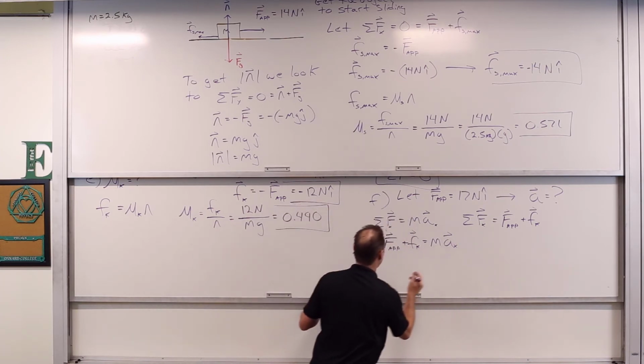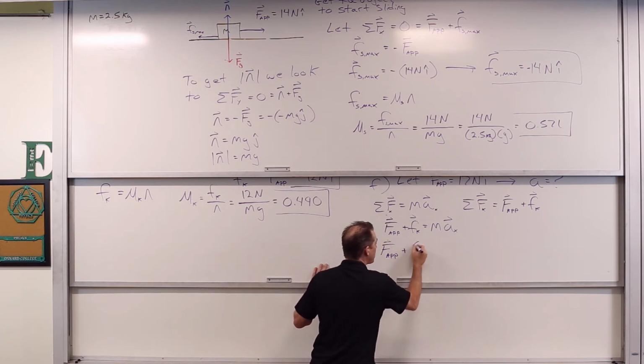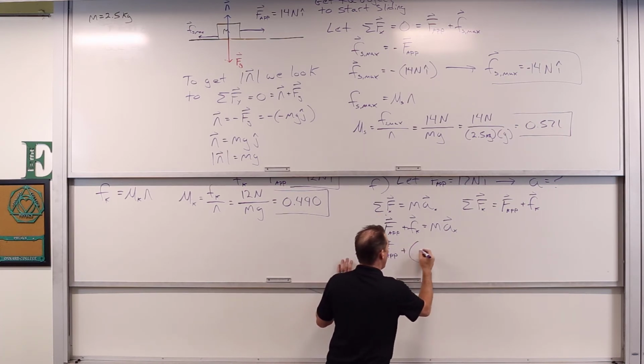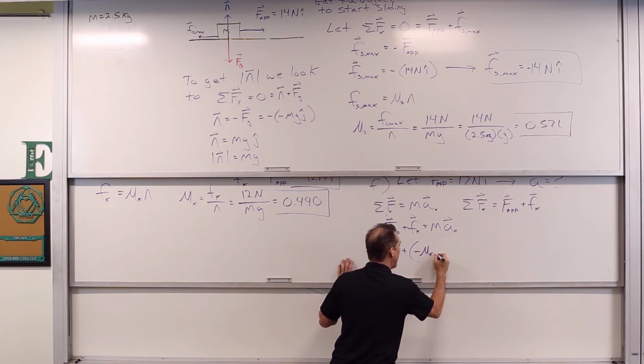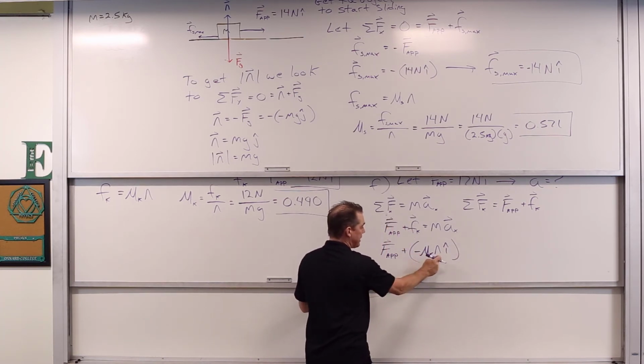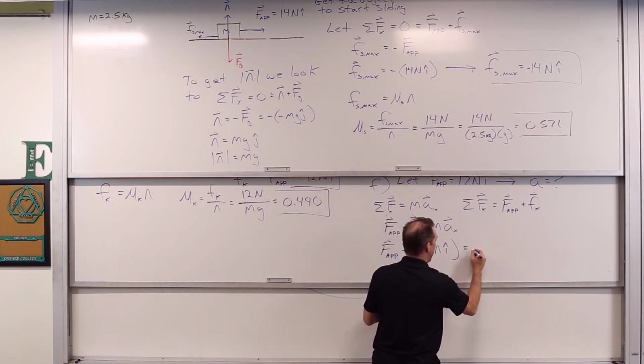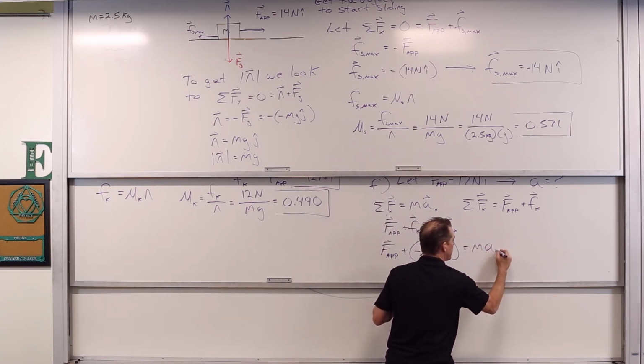So if I expand this out a little bit, I can write this as F applied i-hat plus, well, we've got ourselves minus mu k n i-hat. So mu k times n is the magnitude, negative i-hat is its direction, and that has to be equal to m a sub x i-hat.